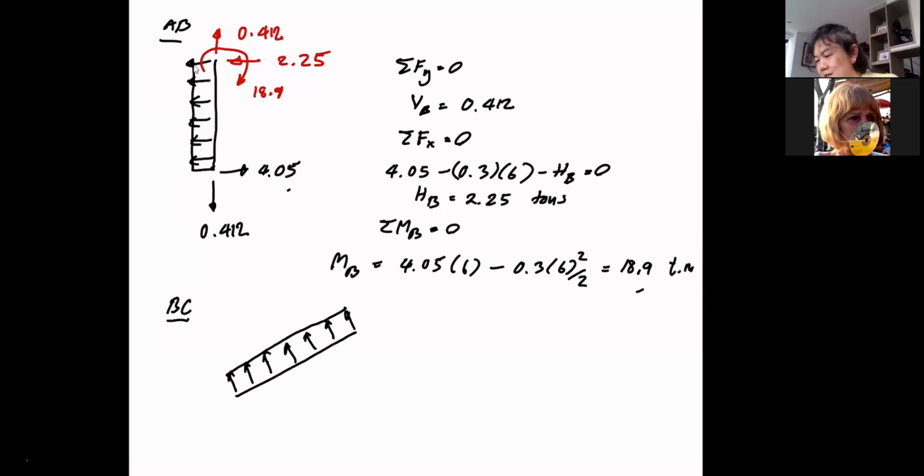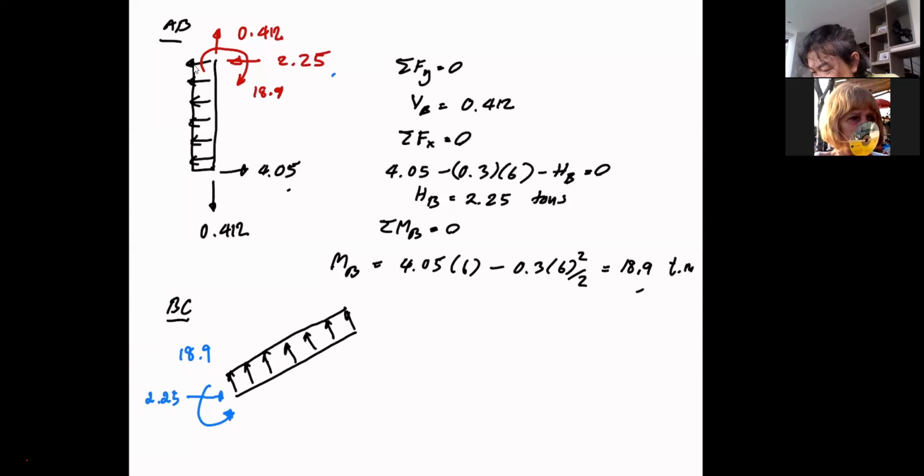It's that. And we have, let's say, I give that one the red. I should give this the blue. Okay, that's 18.9, right? And if that one goes to the left, this one comes to the right, 2.25.